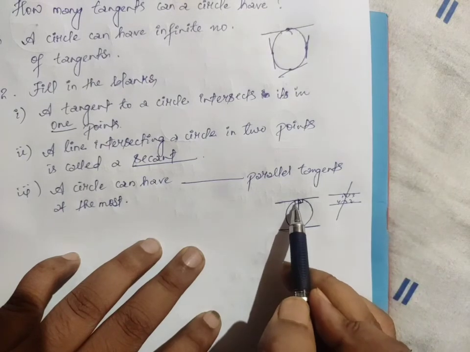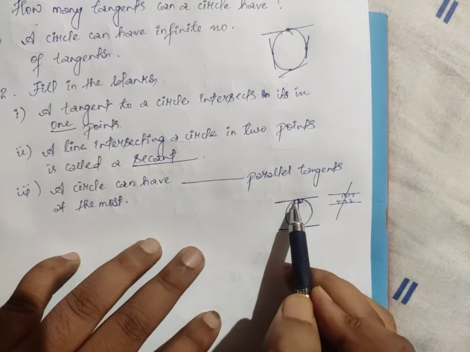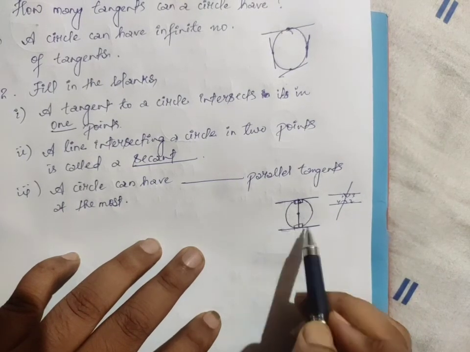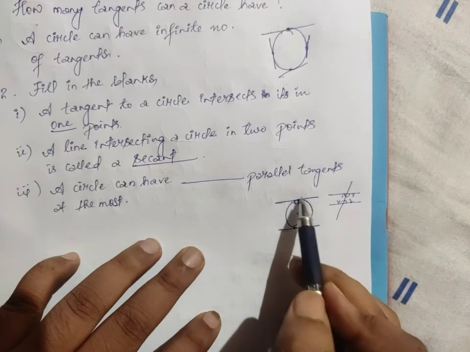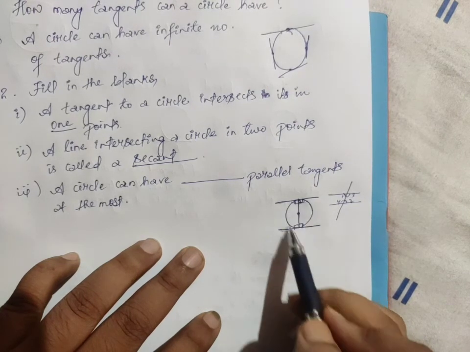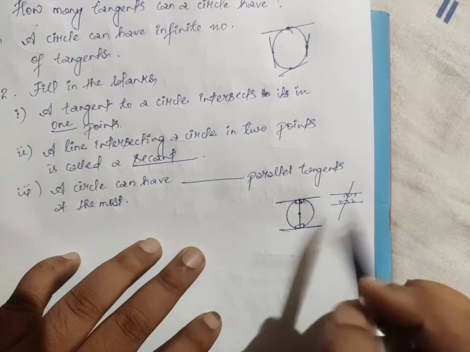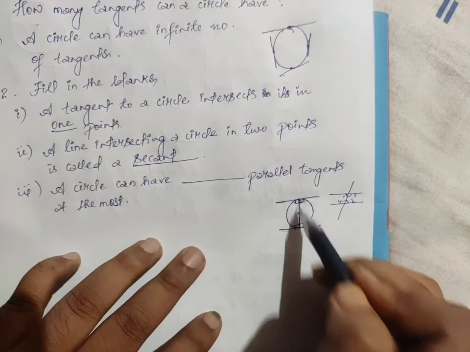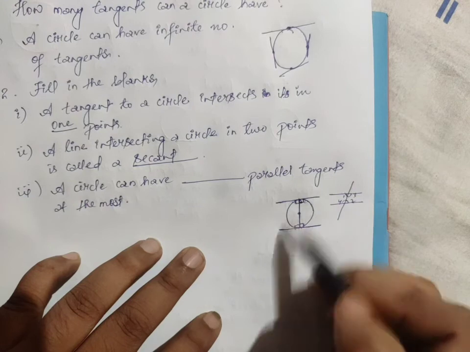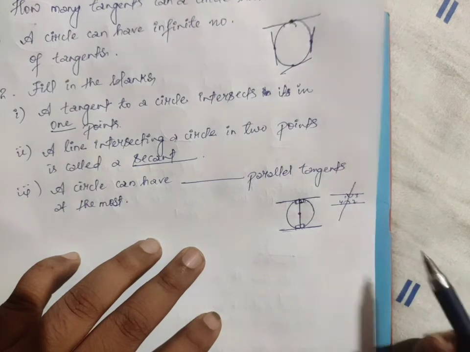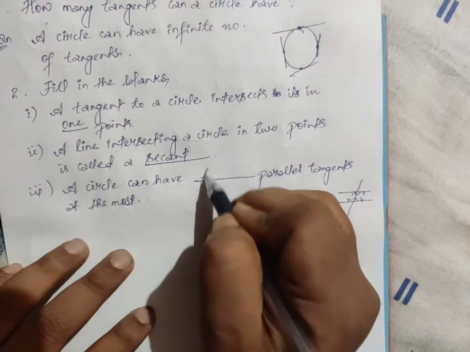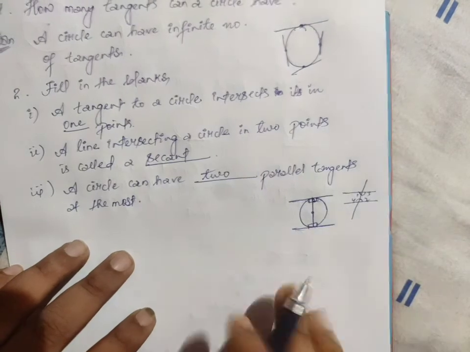So you can say that this angle is equal to this, because both are 90, the alternate angles are equal. If the alternate angles are equal, then the two lines are parallel. So in a circle, at the most you will have two parallel tangents. You cannot have more than two parallel tangents. So your answer will be 2.